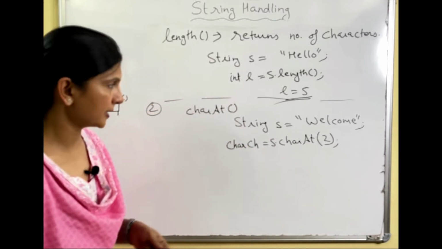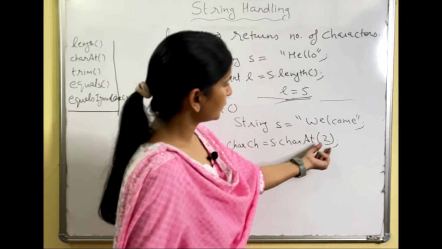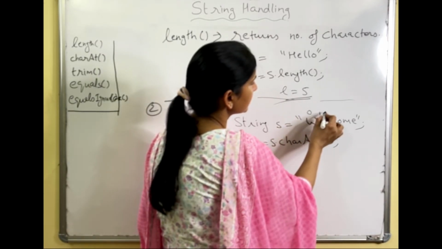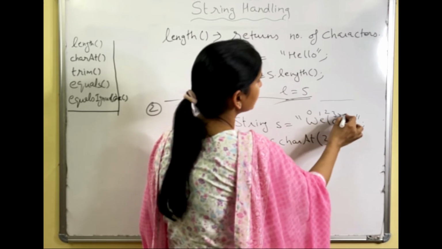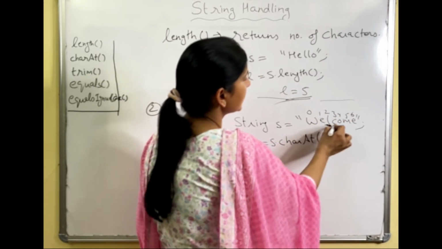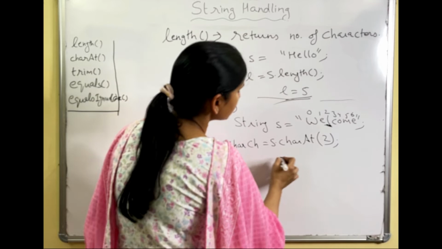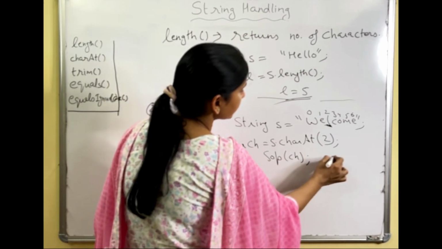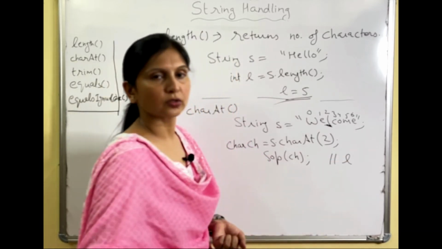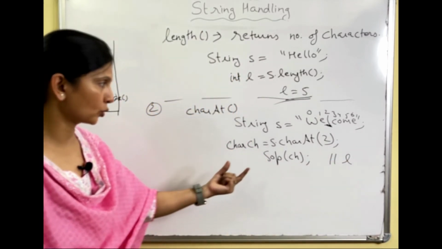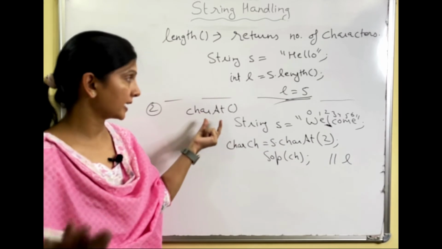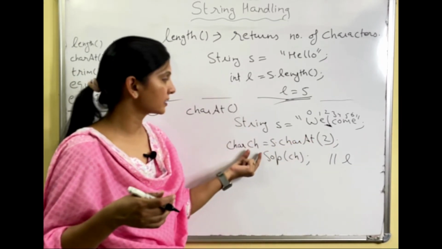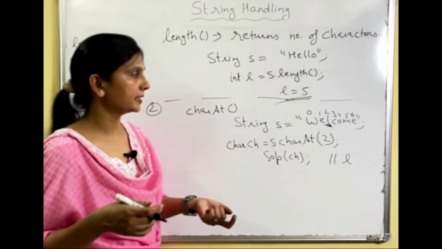Char data type, right? So let's see where is the index 2. I have already told you index starts with 0. So 0, 1, 2, 3, 4, 5, 6. So what is at 2? L. So what will be the value of ch? If I display ch, what will be displayed? L, right? L is the output of this. So charAt accepts the index as an argument and returns the character, right?